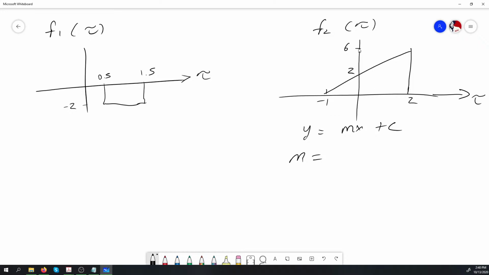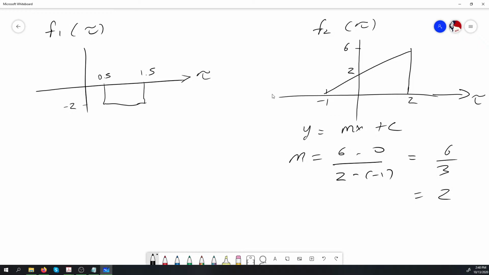So we start with the rightmost y value: 6 minus 0, over 2 minus 1, which gives us 6 divided by 3, which is 2.